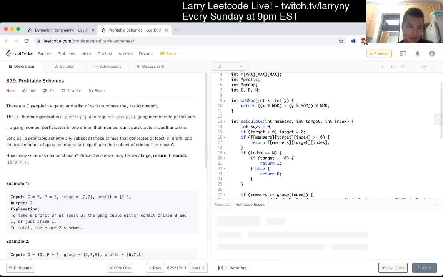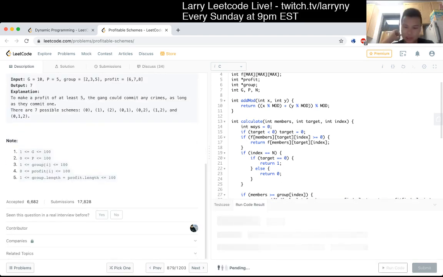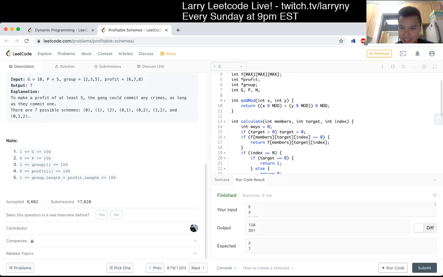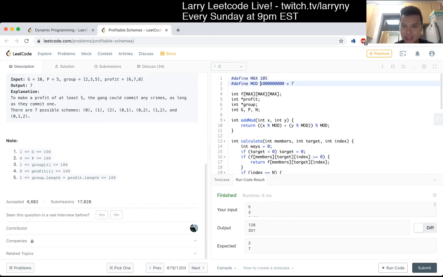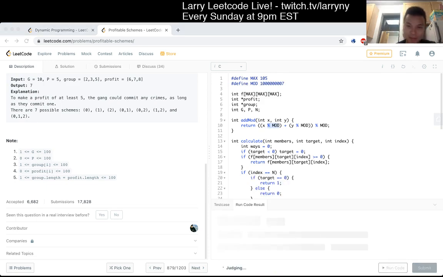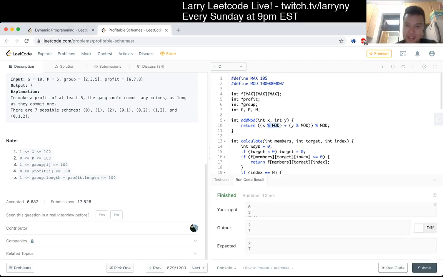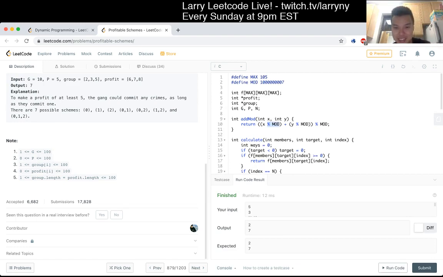Okay, that's the one. I'm gonna try something really big. Okay. Oh man, wow. Oh, yeah, that's because I used define instead of a variable, so it was probably doing order of operations things.